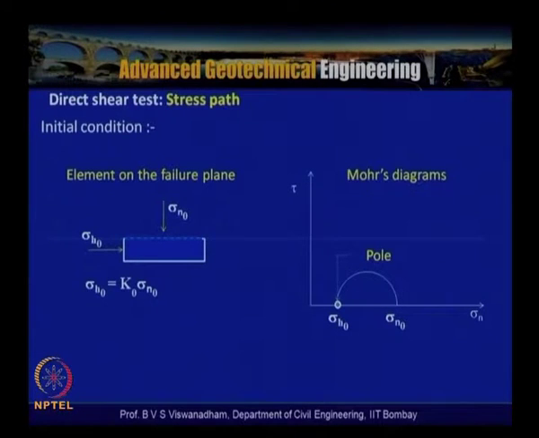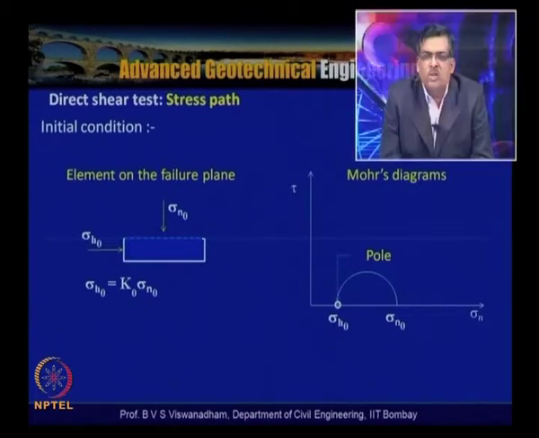So this is the initial condition. As described here, initially we have sigma n0, the normal stress. Let us say 50 kilopascals of normal stress is applied, and for a normally consolidated soil, taking the earth pressure at rest K0 as say 0.5, the horizontal stress in the soil is sigma h0 equal to K0 into sigma n0.